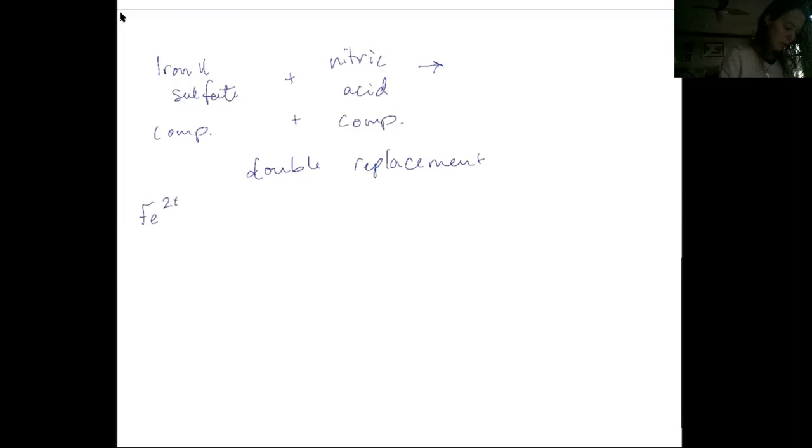Iron II sulfate, right? You were already supposed to learn how to write formulas, so that's not what we're teaching now. Nitric acid, no hydro, oxy, HNO3. Okay, hopefully you learned how to do this. Now notice that we'll put this positive with this negative, and we will put this positive with this negative.